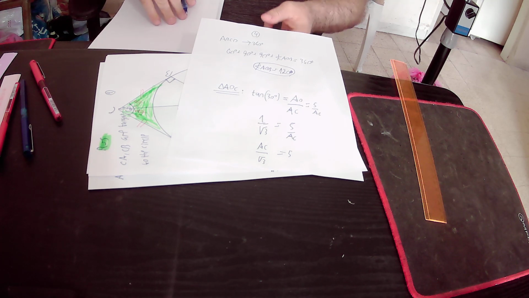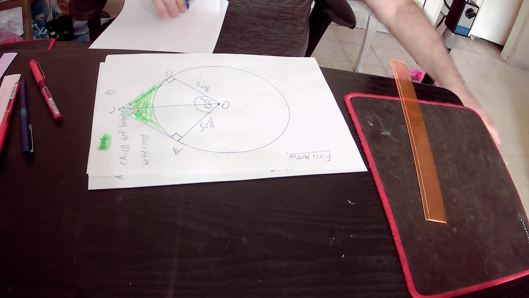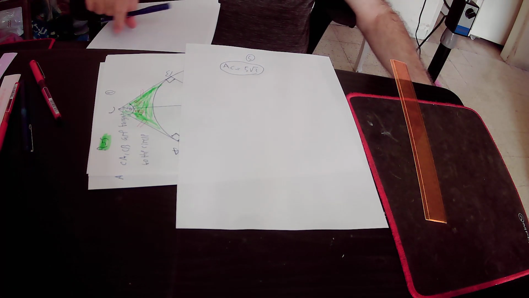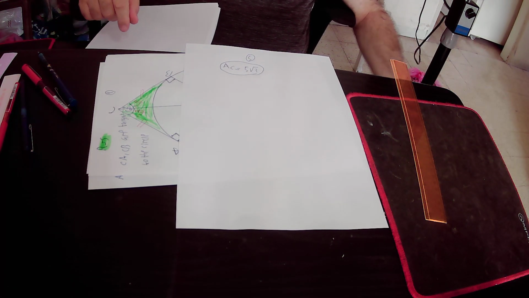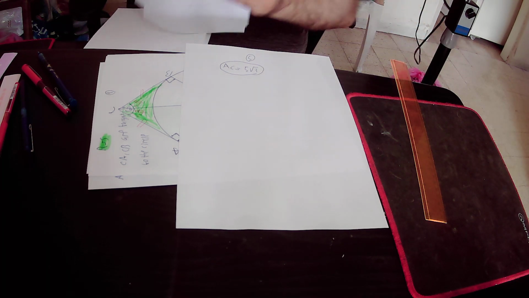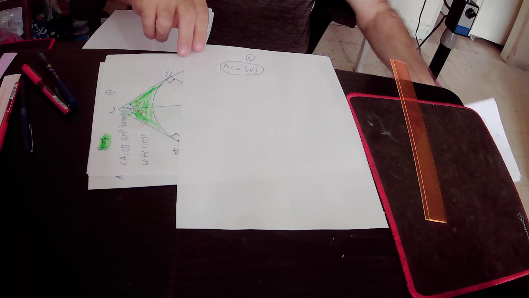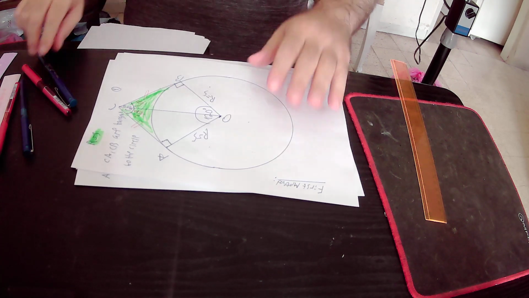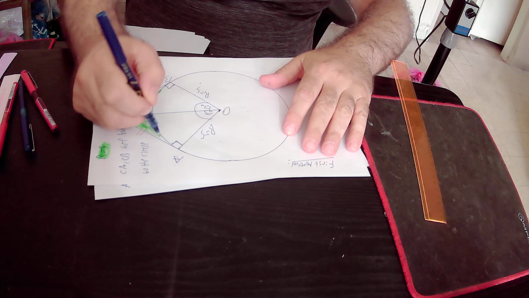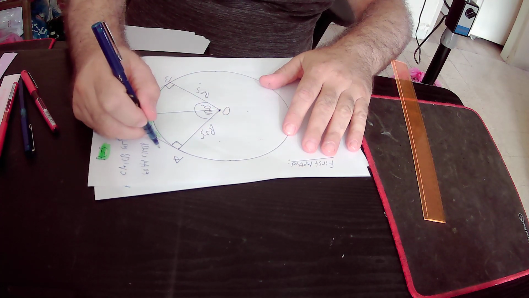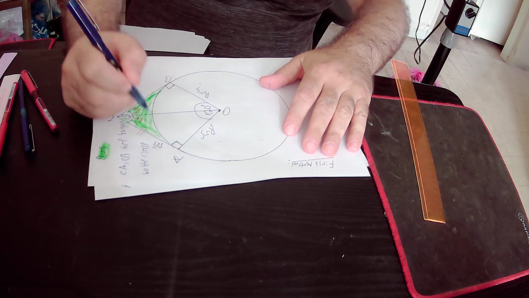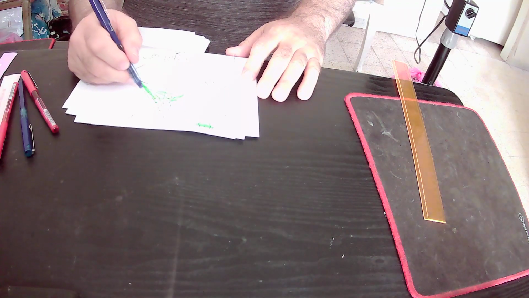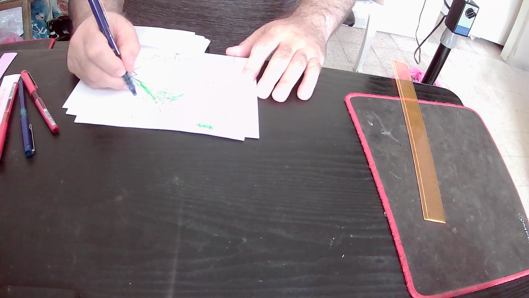Okay, AC equals 5 times root 3. So we can write here that AC equals 5 times root 3, and AC equals BC, so BC also equals 5 times root 3.